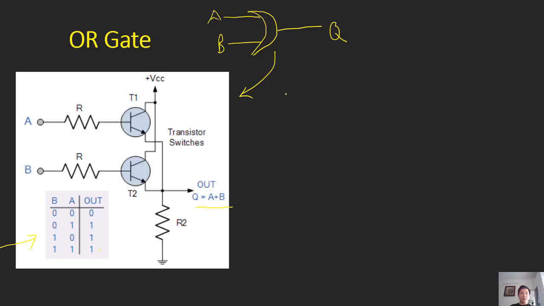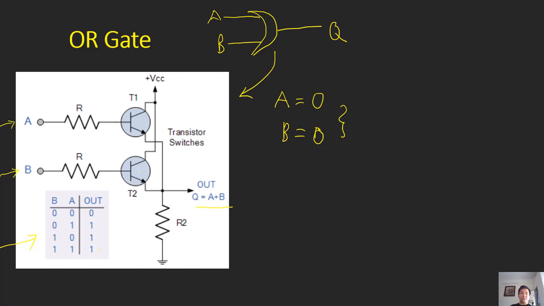I can consider an example for A equals 0, B equals 0. A equals 0 means low voltage at the base, so this transistor is closed, and B equals 0 means this transistor is closed too.